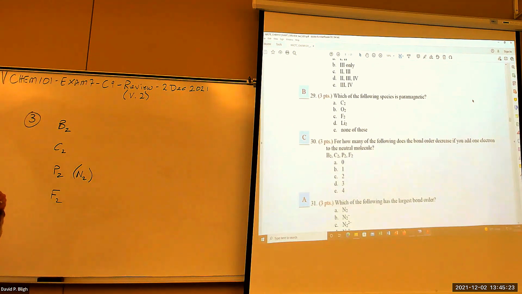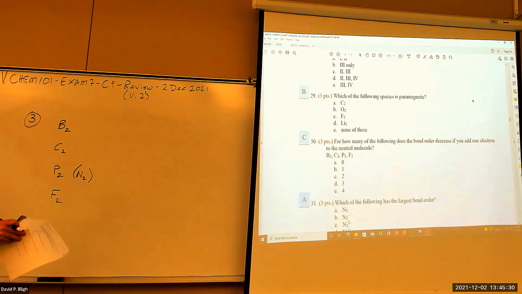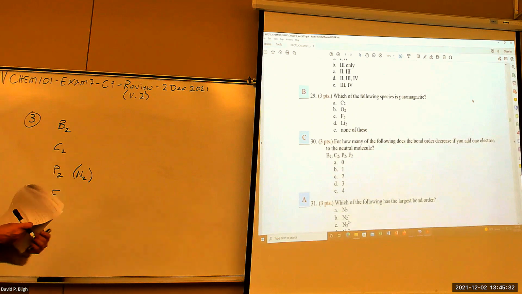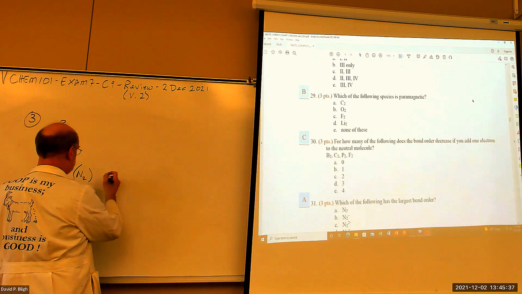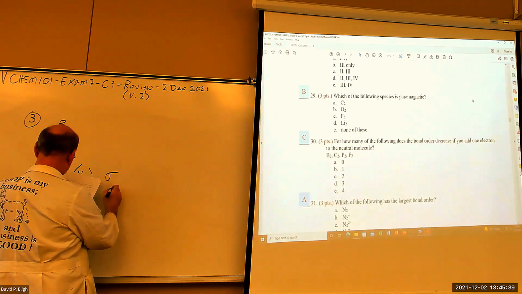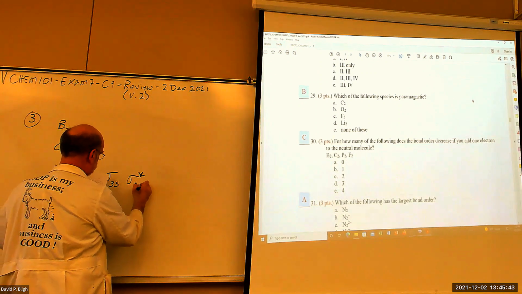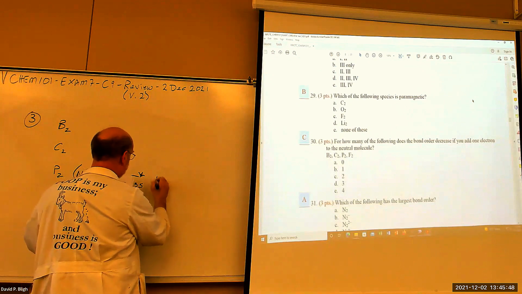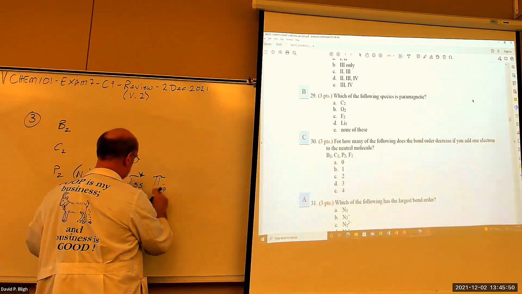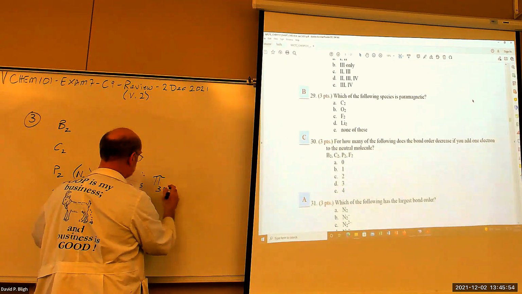Only instead of the second period, it's the third period. So if you look at nitrogen, if we just substitute in 3s, it's sigma 3s, sigma star 3s, and then pi 2p, 3p, and then sigma.